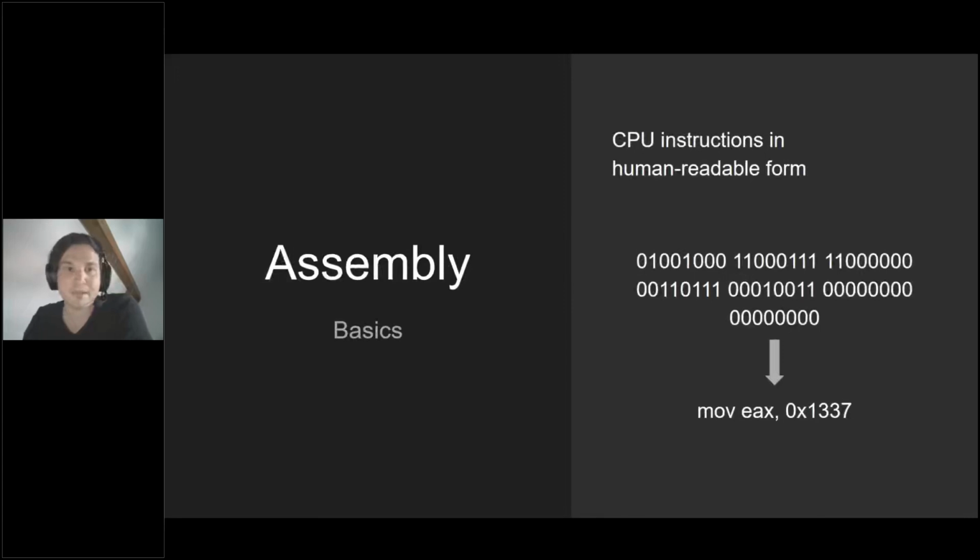An assembly instruction is an instruction to the actual CPU, the bare bones CPU, in a readable form. We'll see the mov eax at the bottom is what you read, but what's actually on disk, then loaded into memory, loaded into the CPU and executed, is a bunch of bytes.